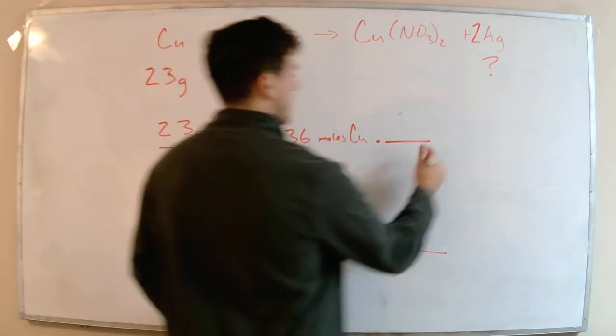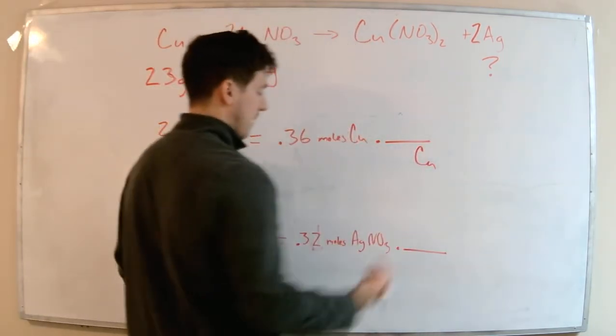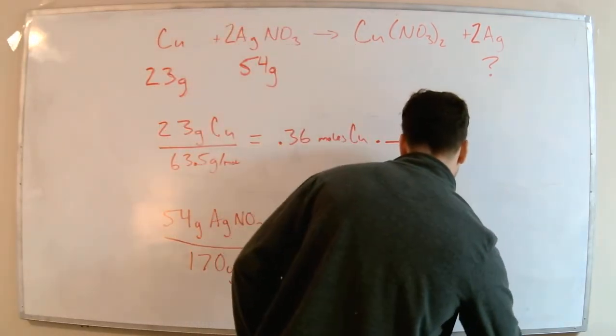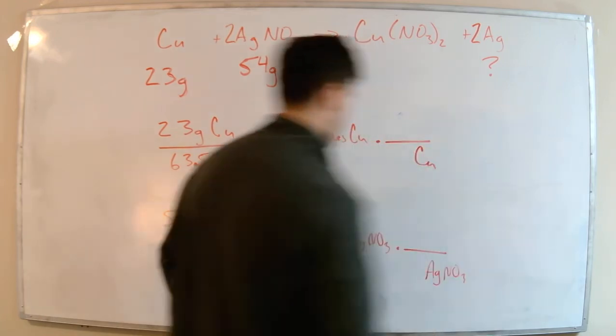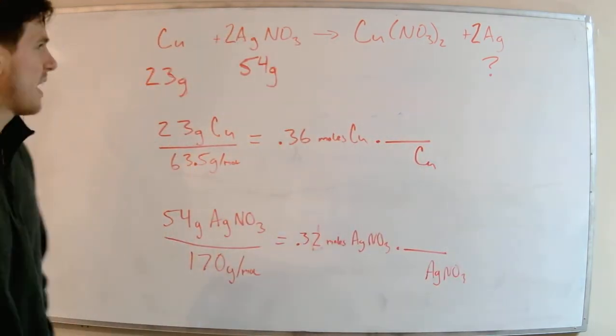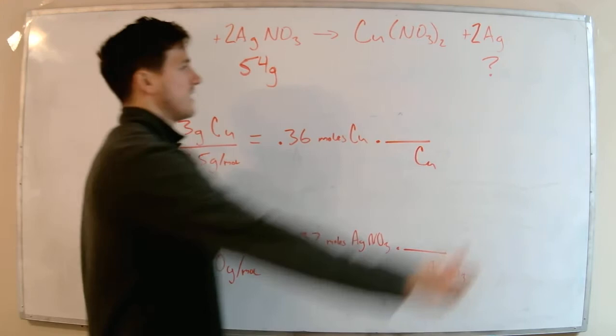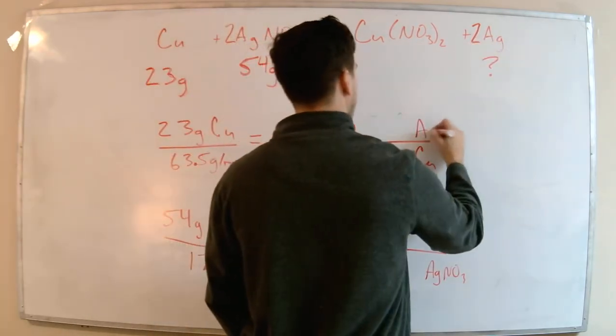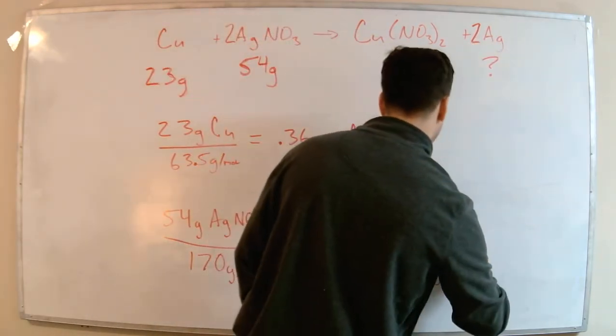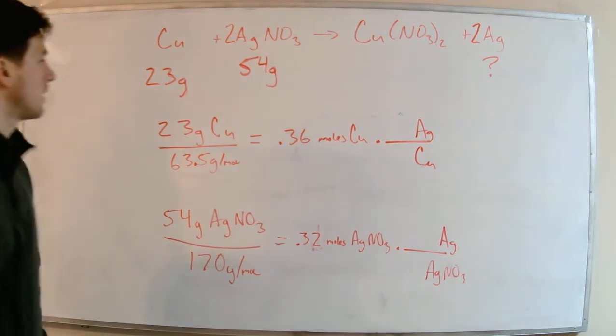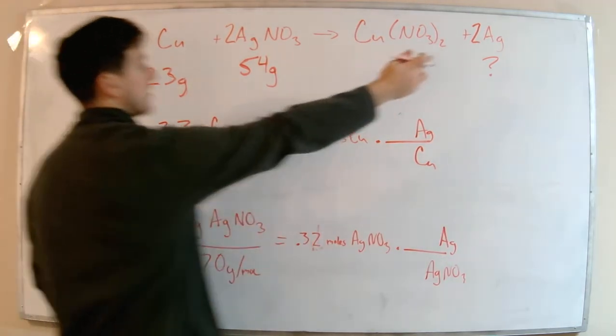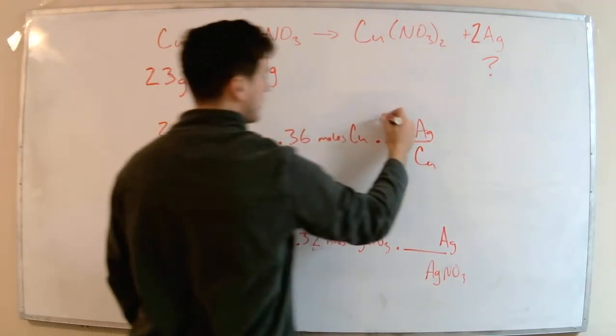So remember, what we have goes on bottom. So copper on bottom for our top one. Silver nitrate on bottom for our bottom one. And what we're looking for on top, which again is silver. So Ag on top, Ag on top. For this one, it is a 2-to-1 ratio.